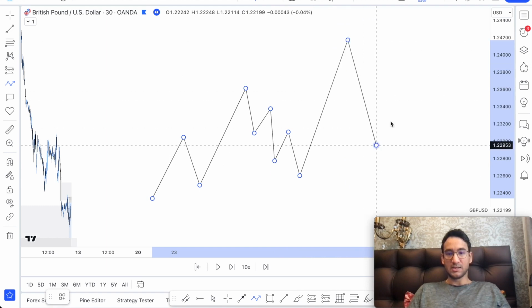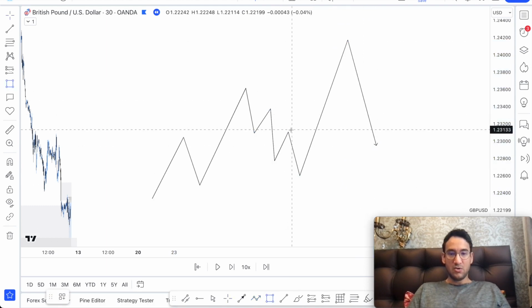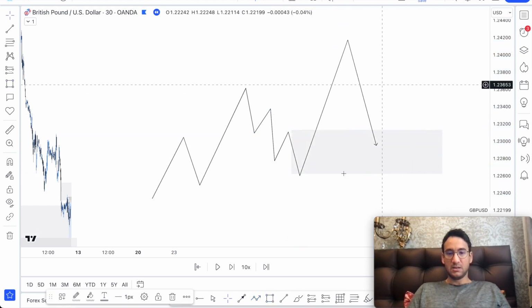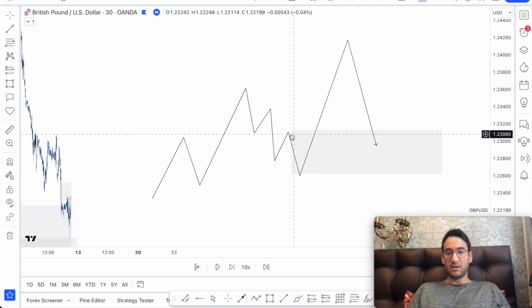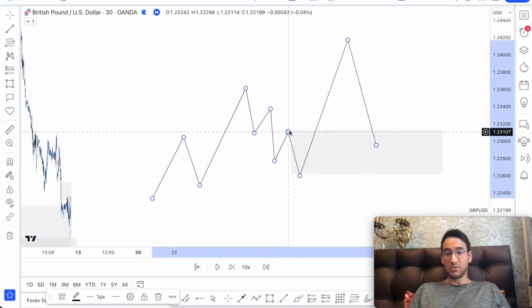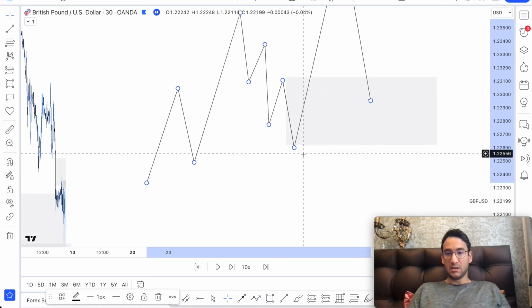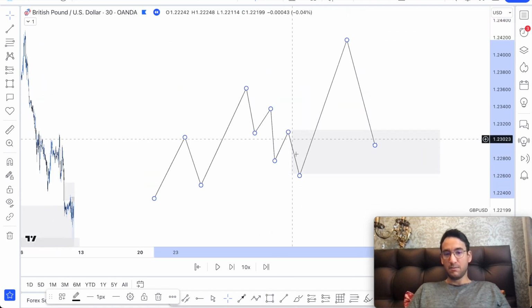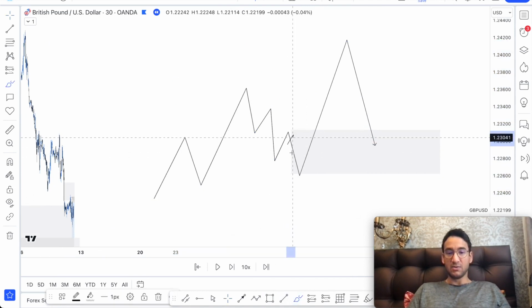When price gets back to our demand zone, I normally just highlight the last bullish or bearish move. In this case, since we're targeting the demand zone, the last move was the bearish move down here, and that can consist of multiple candles.